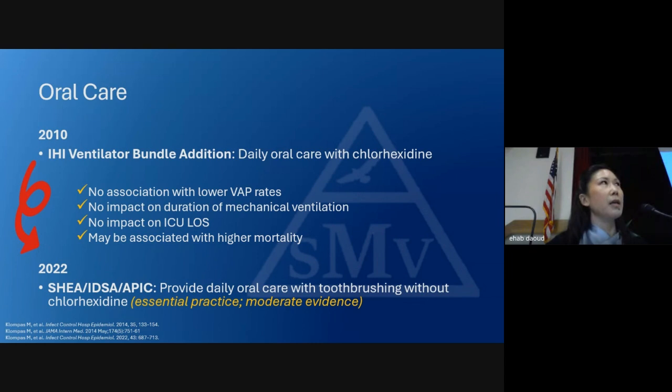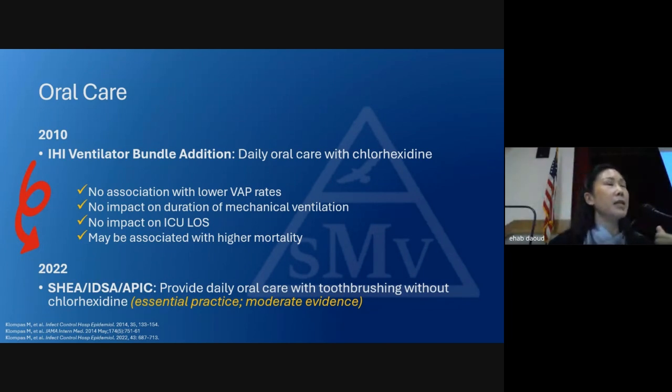And there is another paper that says it may be associated with higher mortality rates. So a lot of facilities are taking it off of their order sets, and we are not using it as much. We're just using regular toothbrushing without the CHG.